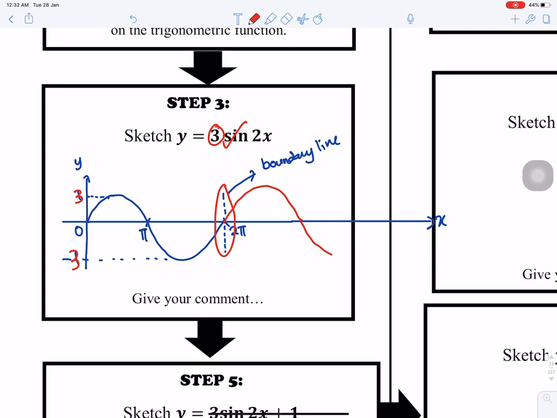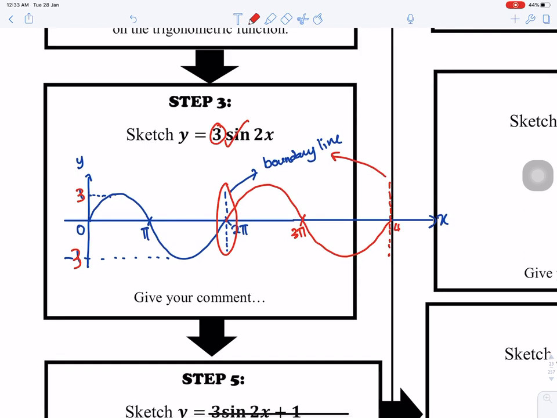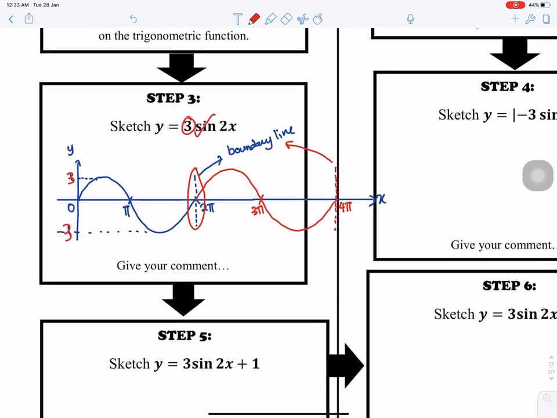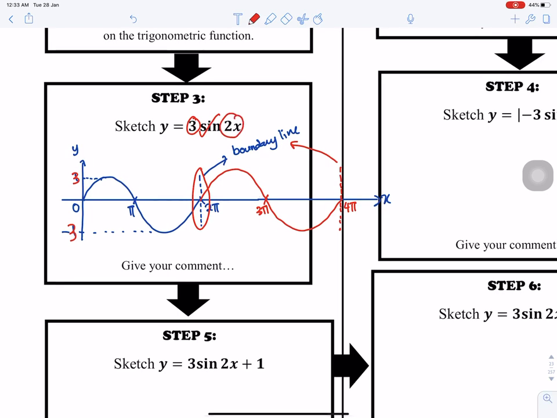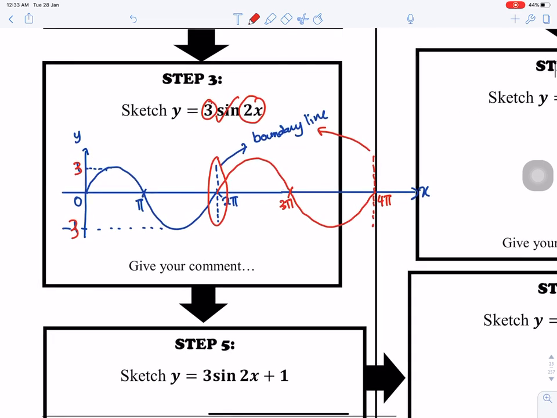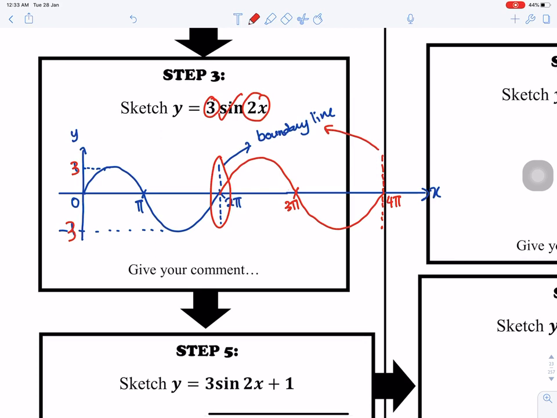1, 2. So after 2 pi, 3 pi, and after you finish another complete cycle, please draw the boundary line as well, 4 pi. Now everything is complete, but there is 2x, meaning 2 complete cycles, so the angle you must divide by 2.